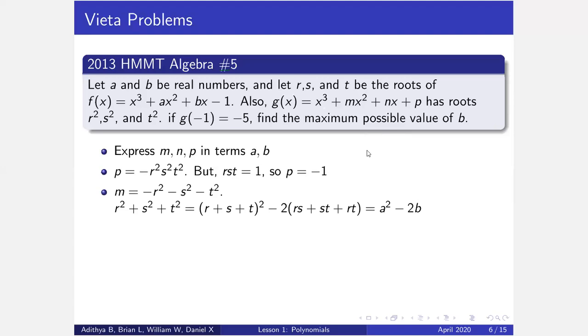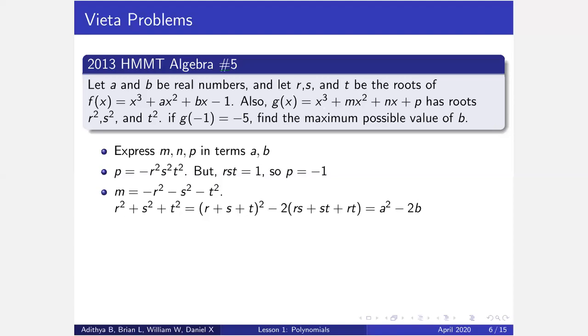Okay, yeah. So people are saying that we should square B. To find M, we squared A, so it makes sense when we find N to square B. So if we square B, we find that B squared is going to be equal to R squared S squared plus R squared T squared plus S squared T squared. That's what we want. But then we also get some nasty terms.